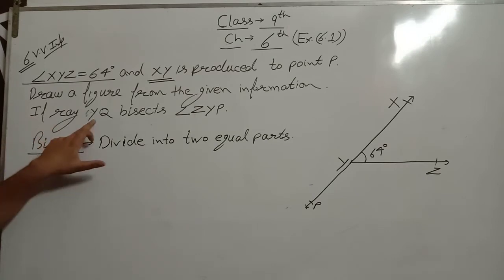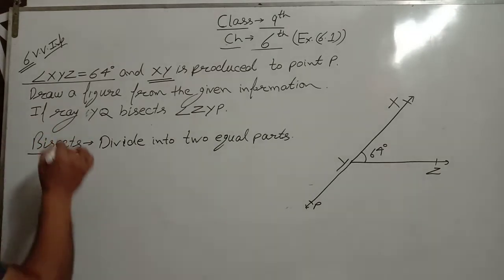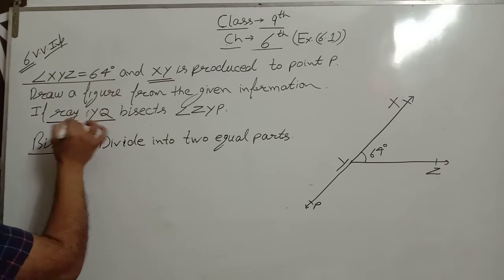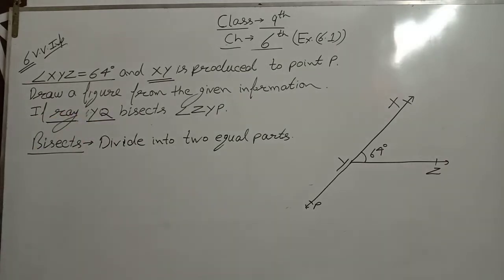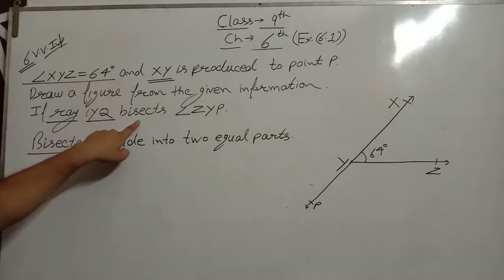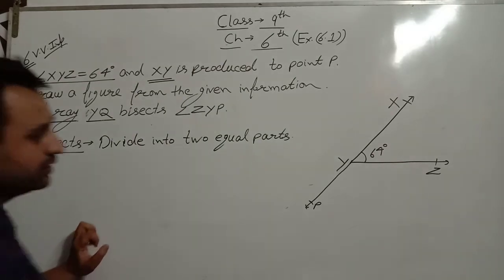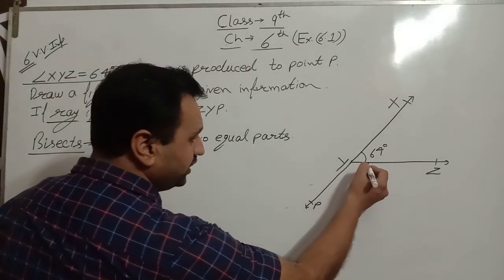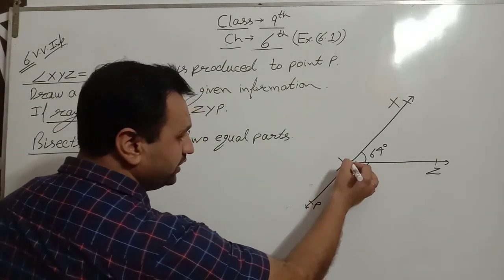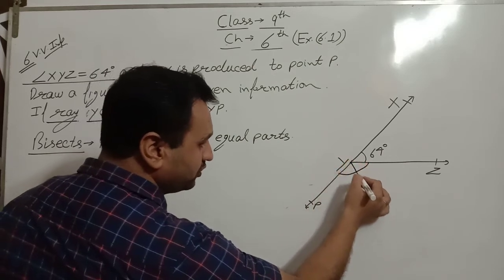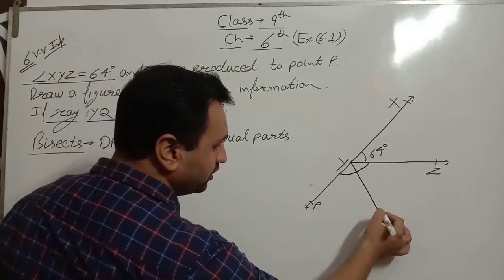Ray YQ is a portion of a line which has a fixed end point and may extend in one direction only. If Y is a fixed point and the ray extends to a point Q, it bisects angle ZYP. It's angle ZYP. Y is a fixed point, so we draw YQ like this.